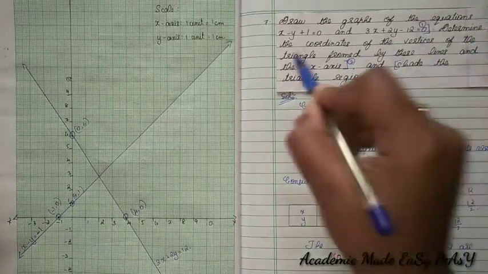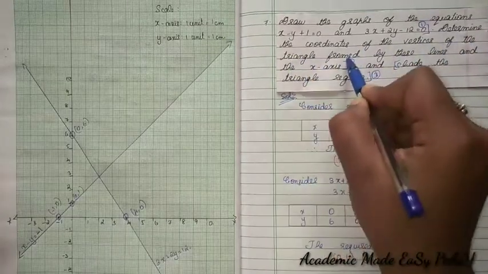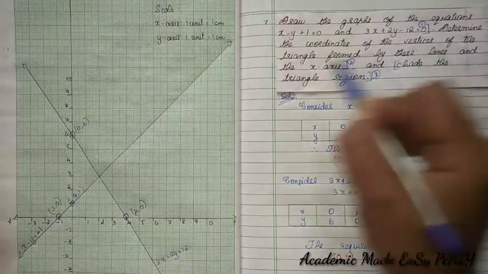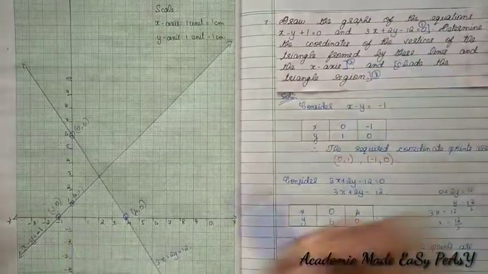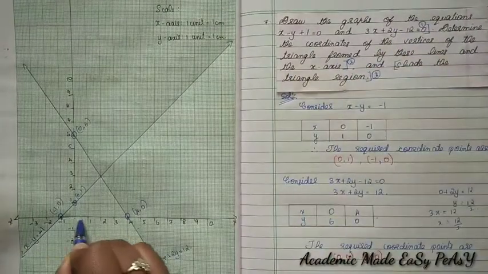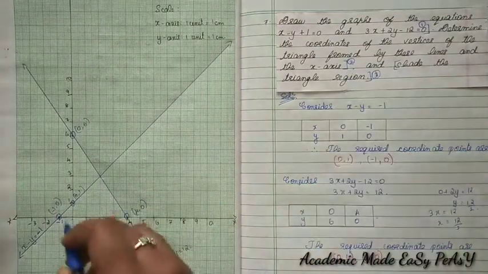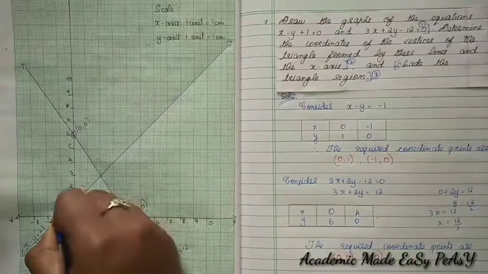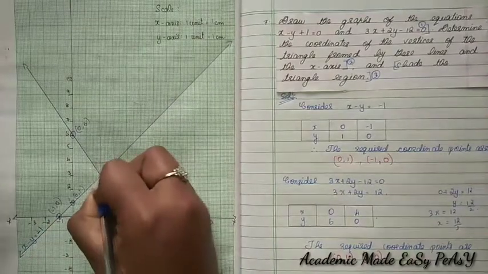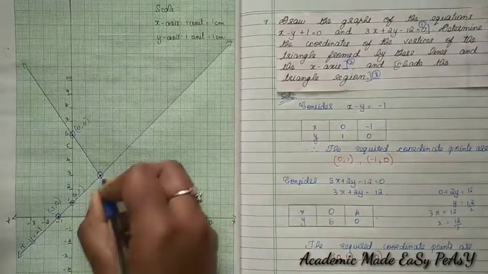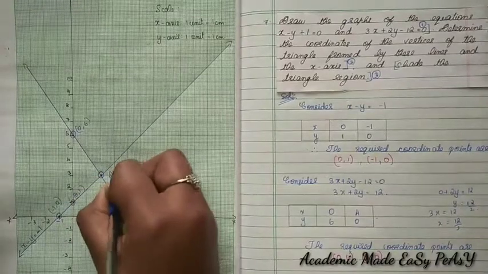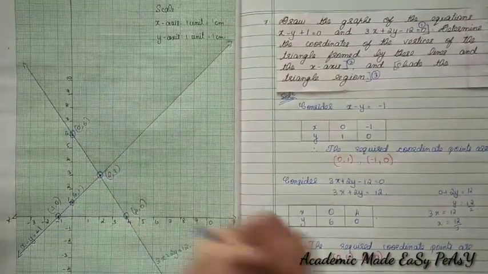So now we have to determine the coordinates of the vertices of the triangle formed by these lines on the x-axis, isn't it? So the triangle on the x-axis is this. So this part, no? So we have to write the vertices. So it is -1, 0. And what is this point over here? It is 2, 3. And here it is 4, 0.